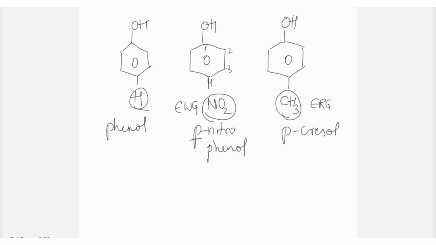So this is first, most stable, this is second most stable, and this is the third most stable, because the electron withdrawing group is going to increase the stability, hydrogen is neutral, and the electron releasing group will destabilize the phenoxide. So this way we observe the electron withdrawing group increasing the acidic nature of phenol and the electron releasing group decreasing the acidic nature of phenols.